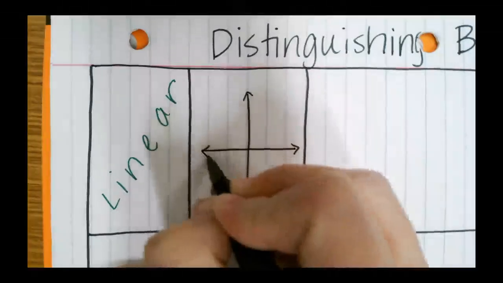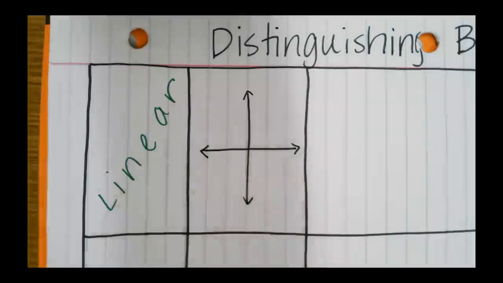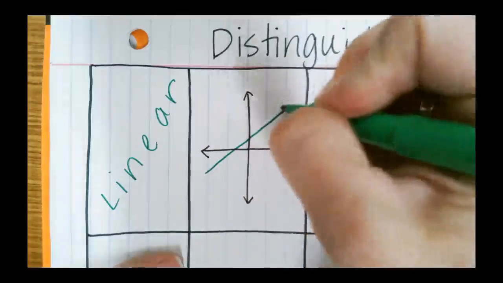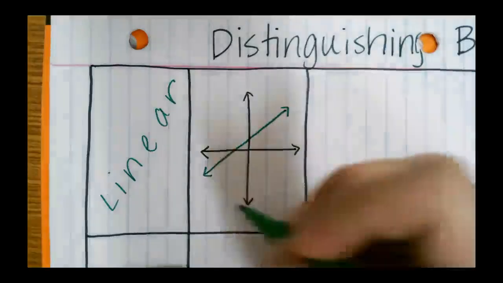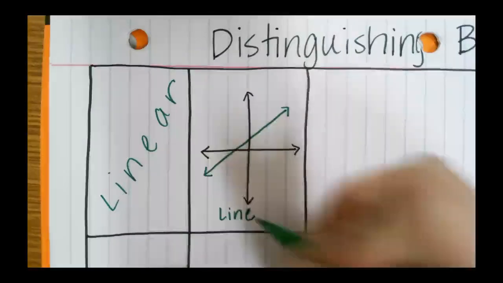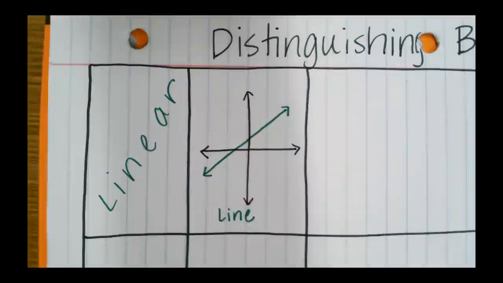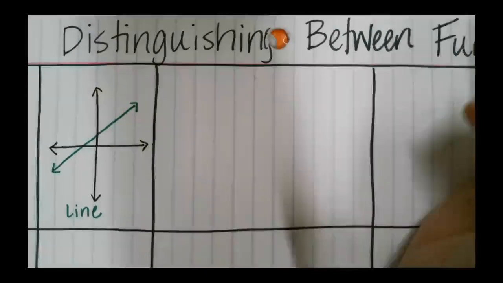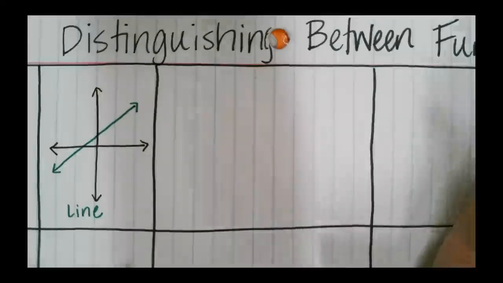A linear function is a function that makes a line on the graph. So a linear function makes a line. All right, in this box right here, we're going to list what we know about a linear function.